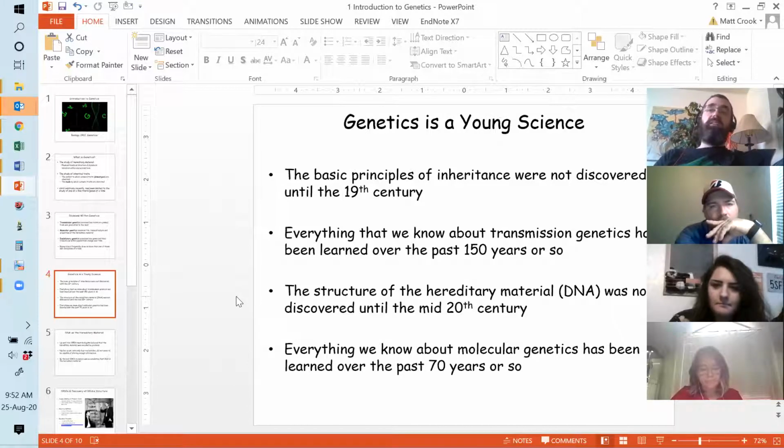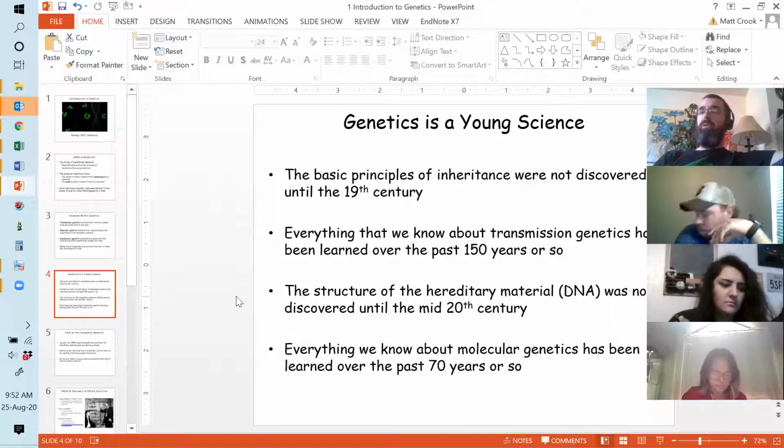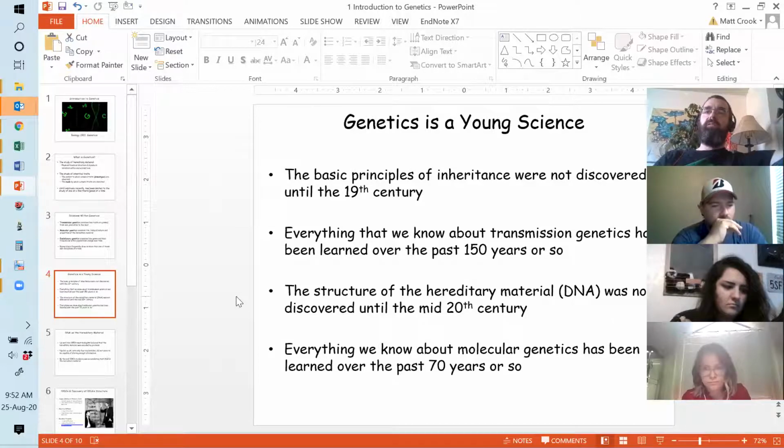really, stuff didn't start taking off until the 20th century, right? So early 1900s, Thomas Hunt Morgan was really the father of genetics. Mendel's more the grandfather, I guess. He started working on fruit flies, Drosophila, which you'll be working with in lab this semester.